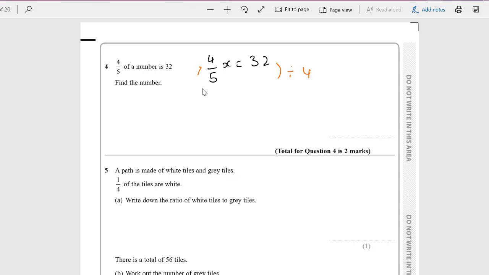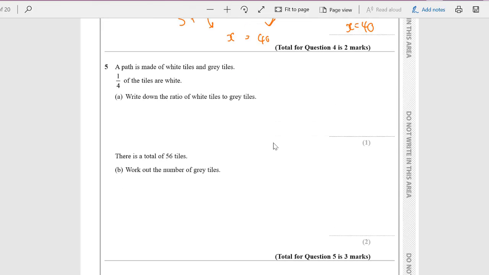Divide by 4. Do the same thing there, divide by 4. So we get 8, and on this side 1/5 x, and then here I'll times by 5. Times by 5. So we get 40 equals x. So x equals 40.